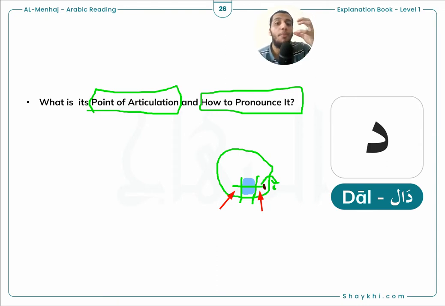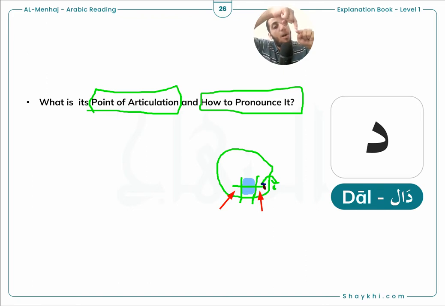So how do we pronounce letter Dal? The top part of the tip of the tongue touches the gums of the upper 2 front incisors. So this is the tongue, this is the top of the tongue, this is the tip of the tongue.